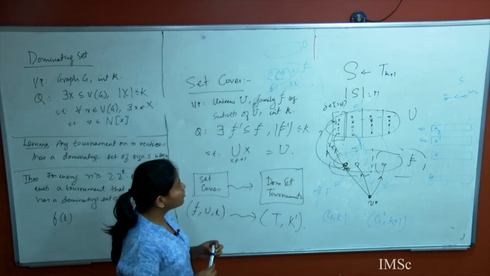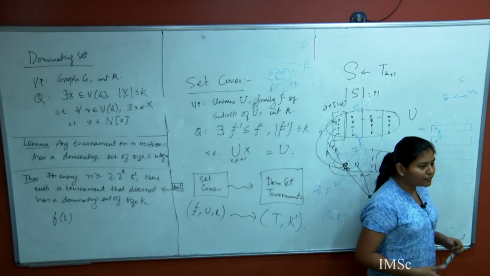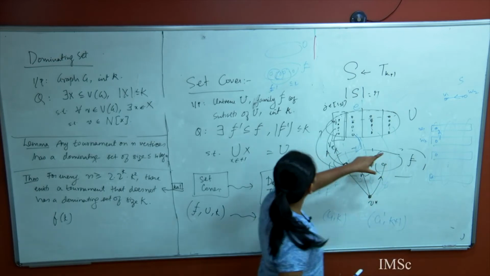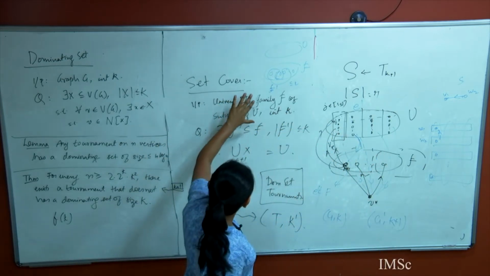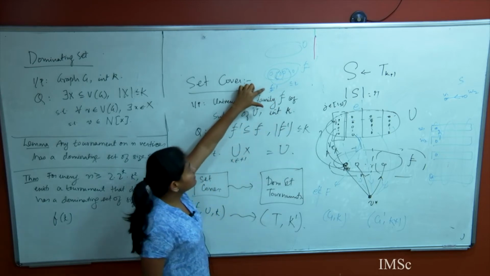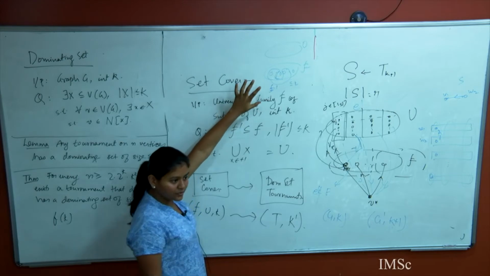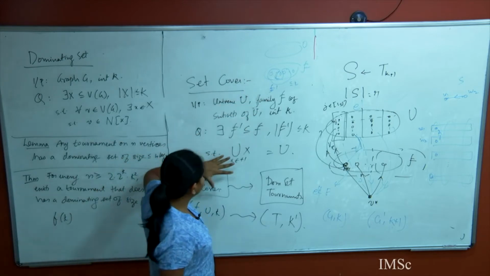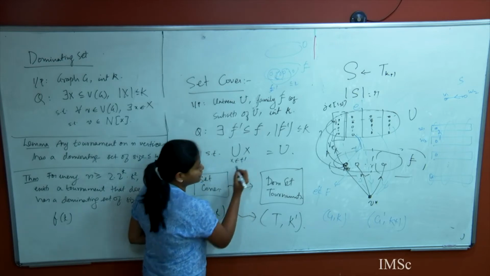In the reverse direction, what we have to show is that if this tournament has a dominating set of size k, then I would like to construct a subfamily F prime which is a set cover. That is, if I take the union of the sets in this subfamily, then I get the whole universe.